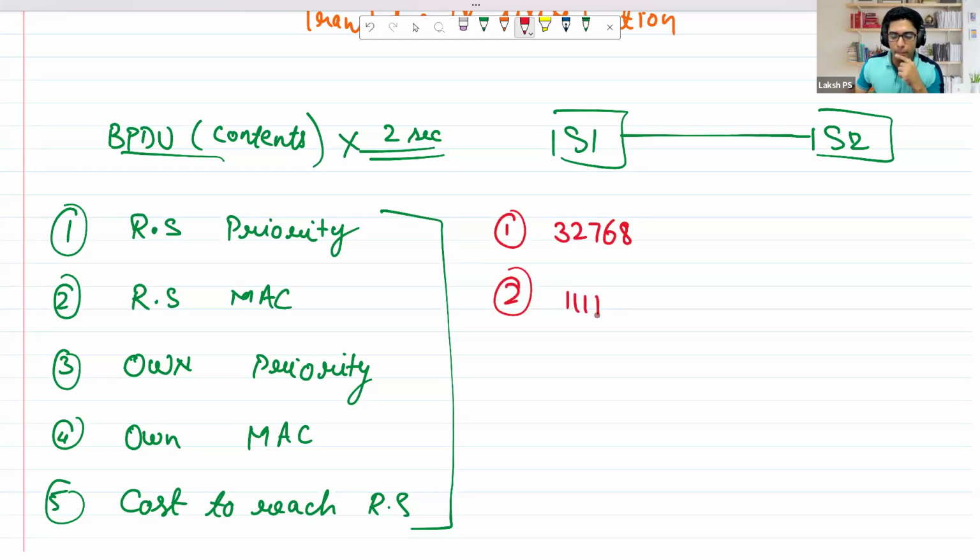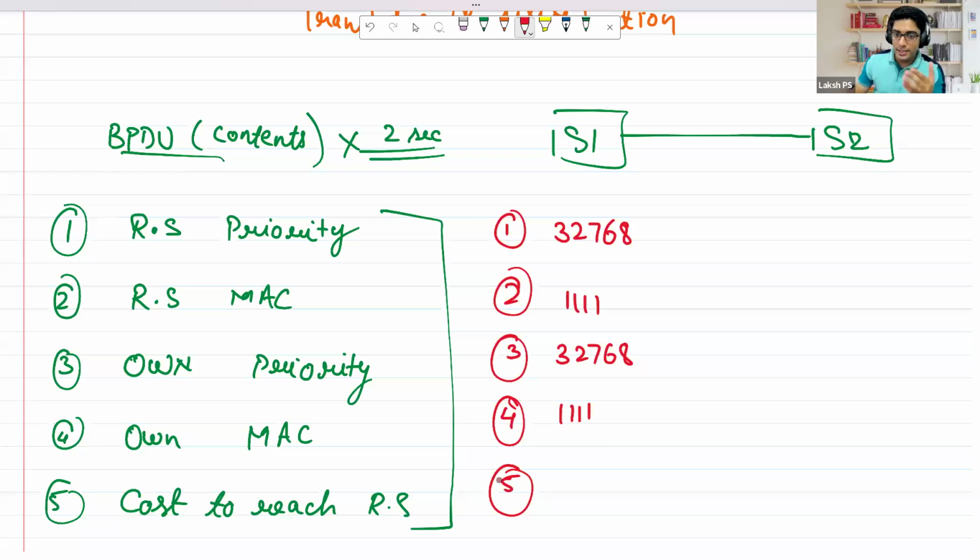It will share its own MAC address. Third, its own priority, which is also going to be 32768. Its own MAC address 1111. Then what is its cost to reach the root switch? Since it is assuming itself as the root switch, the cost is going to be 0.